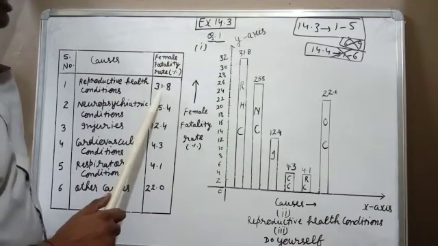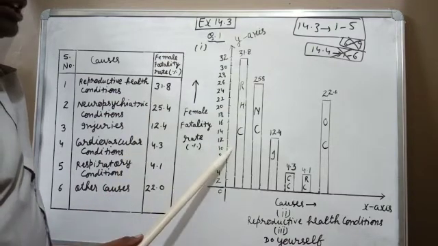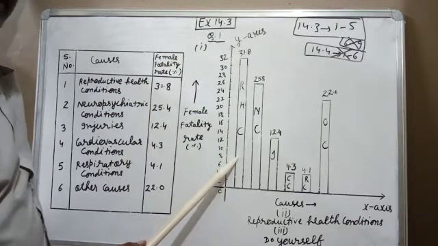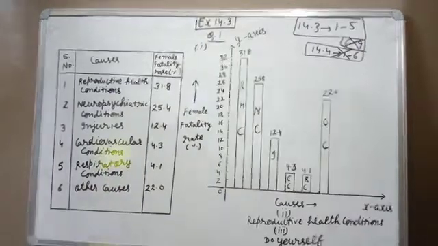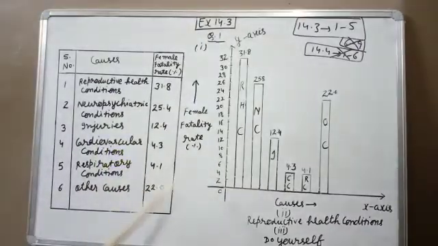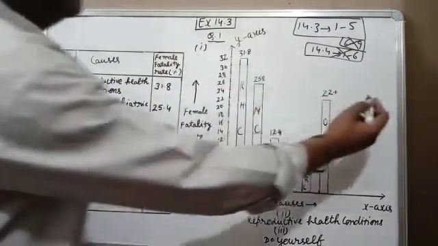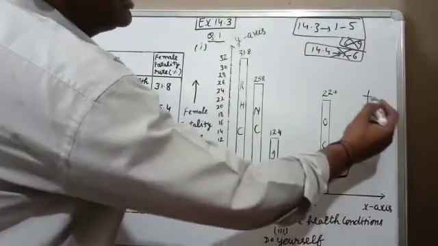So the first value is 31.8. We will leave a space, then form the rectangle up to 31.8. Here I am taking a scale with a difference of 2. Just suppose this is 0 and this is 2.